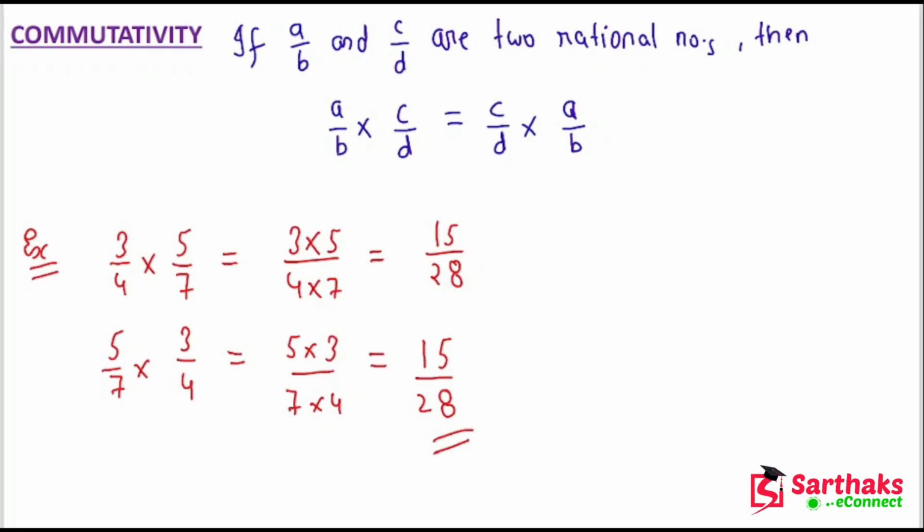Let us move to the next property, which is associativity. Now, what it says is the same thing as commutativity, but for three numbers.